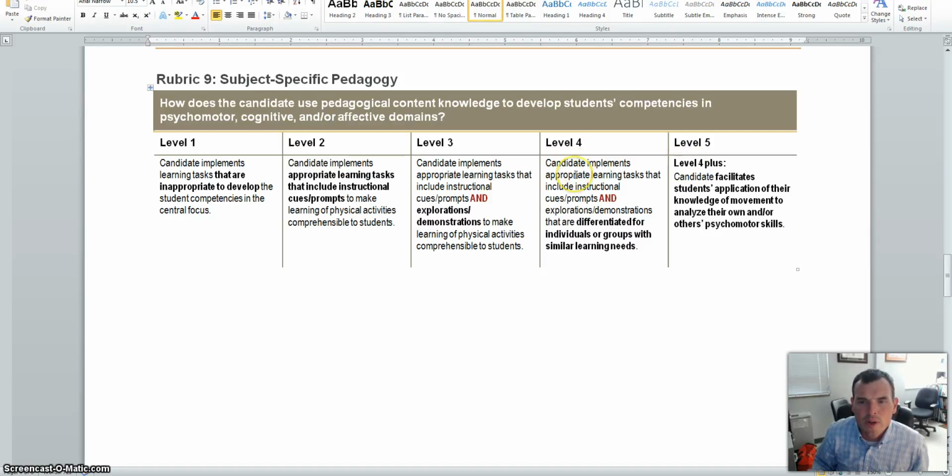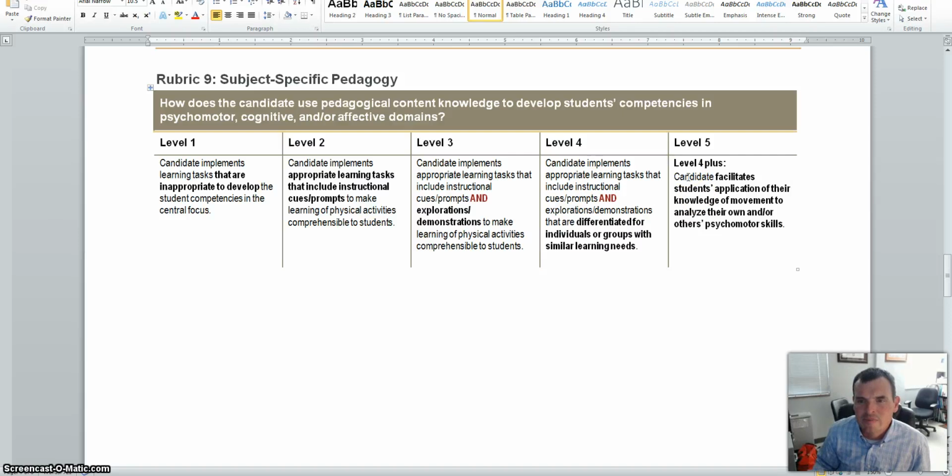Candidate implements appropriate learning tasks that include instructional cues, prompts, explorations, and demonstrations that are differentiated for individuals or groups with similar learning needs. So here we see language that's very familiar to what we read in the task 2 commentary.